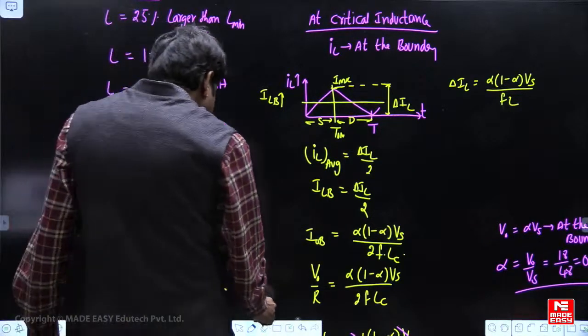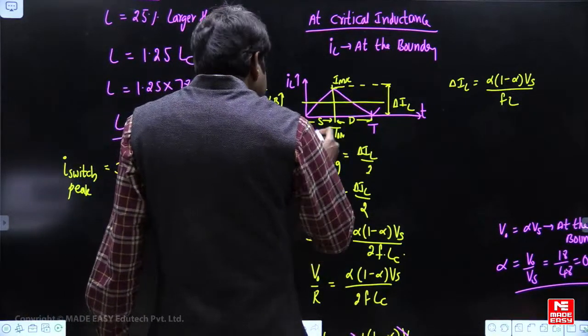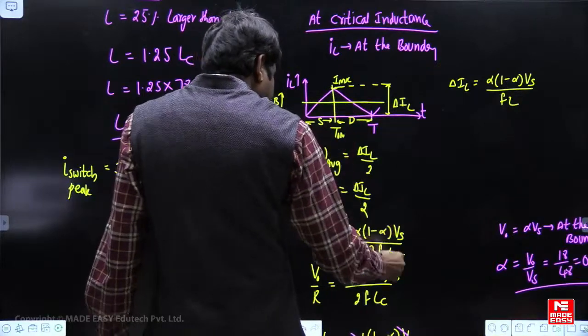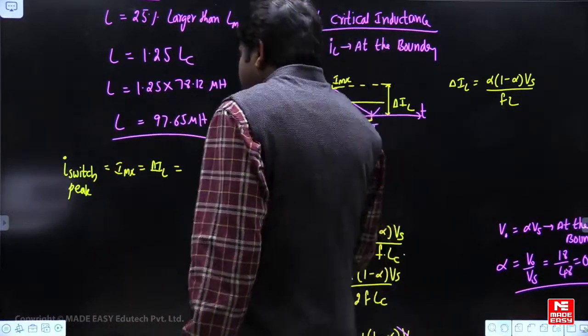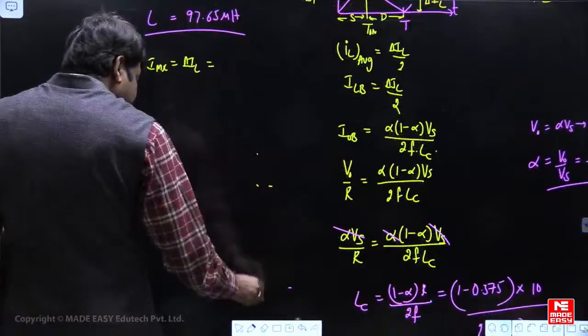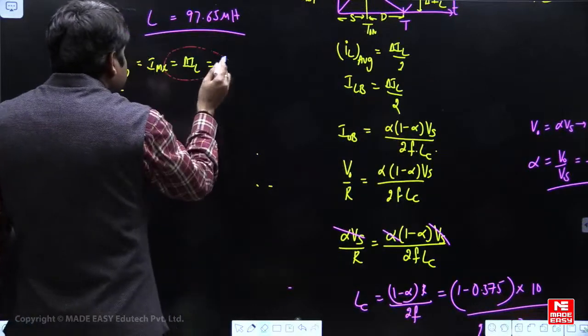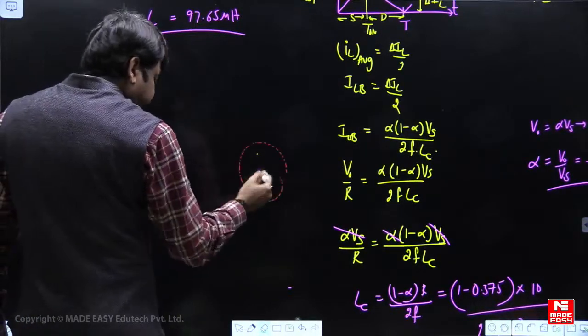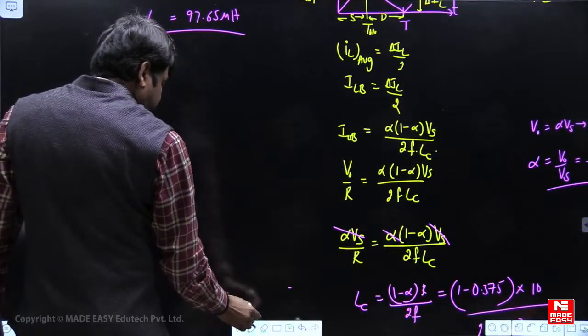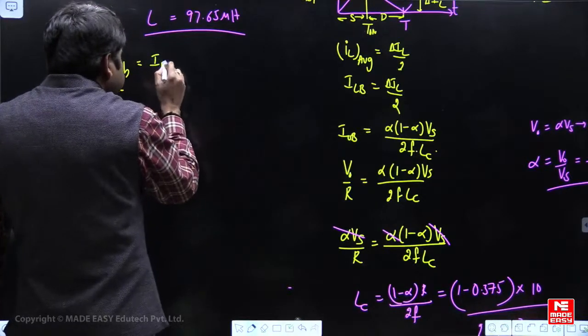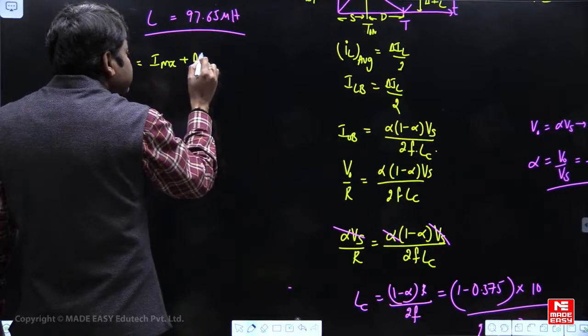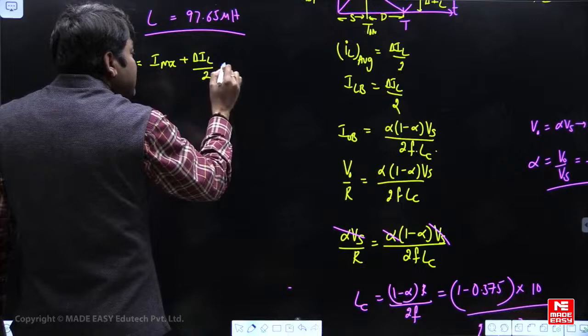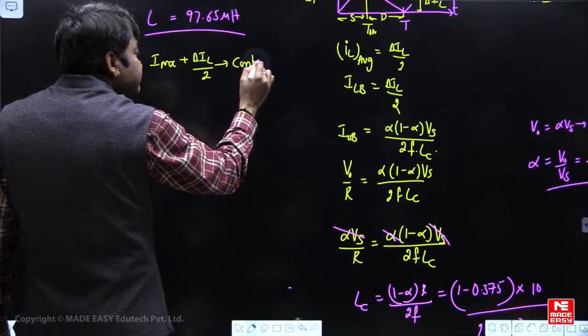Small correction, my dear students: this is at the boundary, for the boundary value. Now, the peak current in the switch is I maxima plus delta L by 2. This formula is valid for continuous conduction.